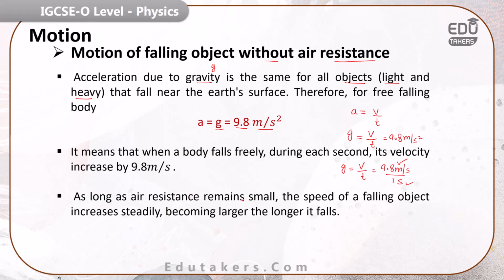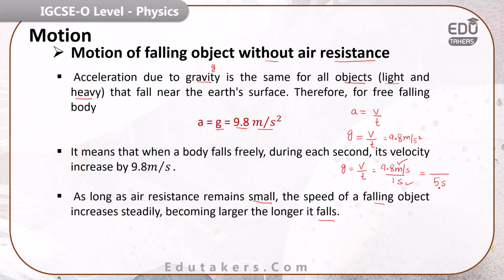As long as air resistance remains small, the speed of the falling object increases steadily, becoming larger the longer it falls. Because when an object takes a long time, it means that the speed is increasing. If I suppose that the object takes 5 seconds to reach the Earth, then how much speed would it have?